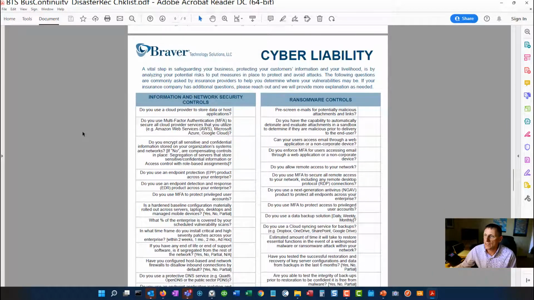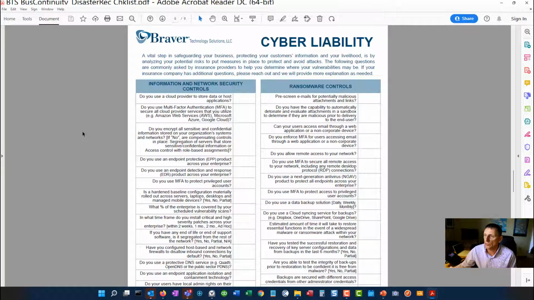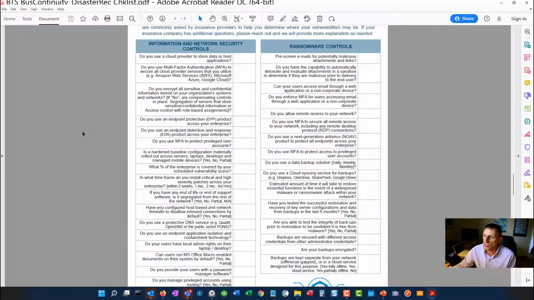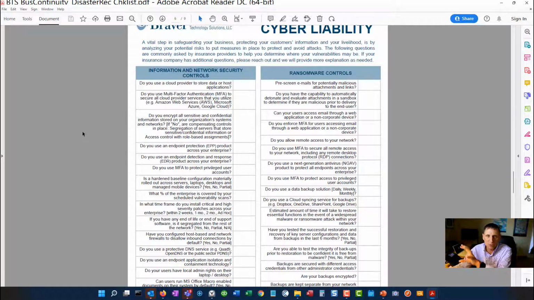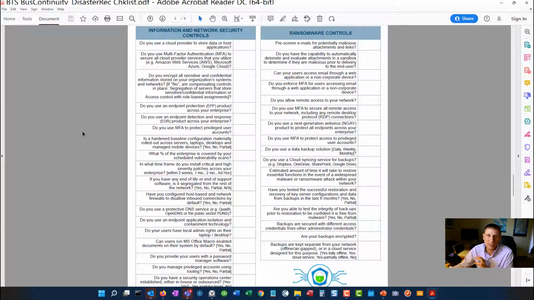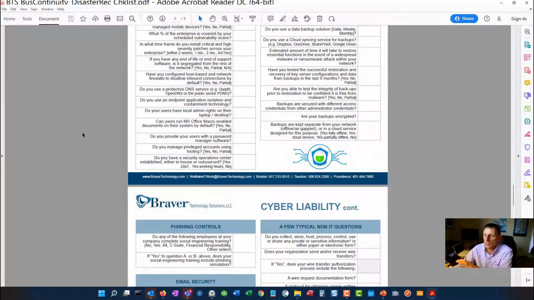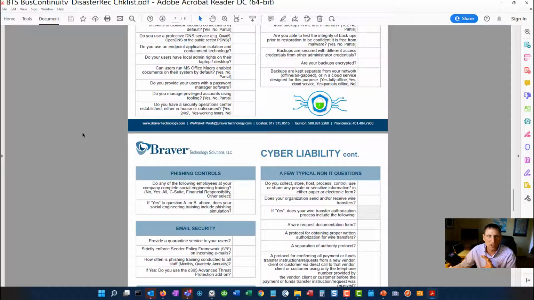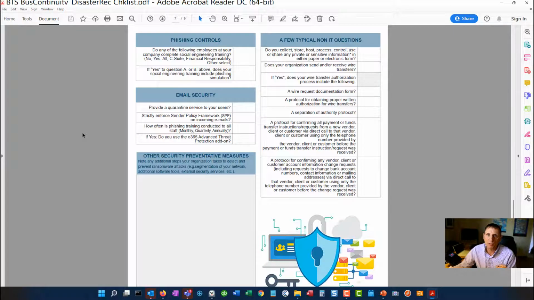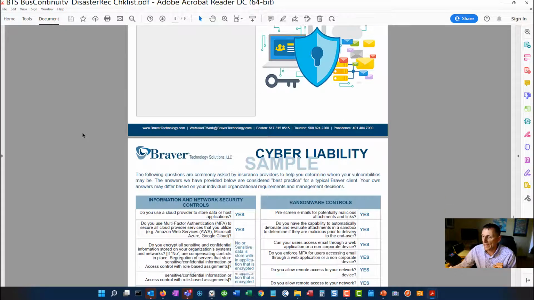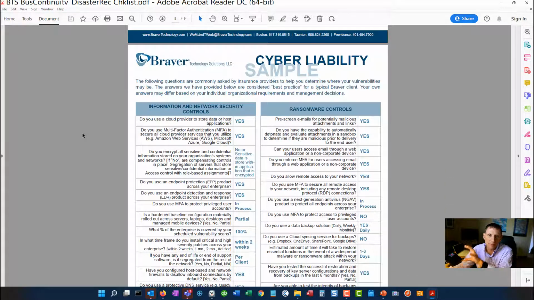All right, so the last thing that we have in here for free documents is the most common questions that are going to be asked on your cybersecurity insurance, the ones that we've seen multiple times from different carriers and providers, and we put them down here so that you can get ready for them. We went one step further and actually filled in sample answers for you.